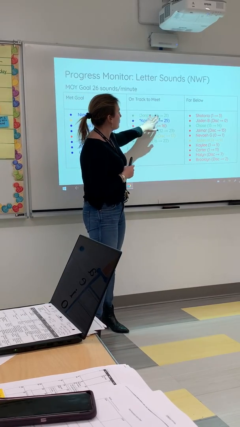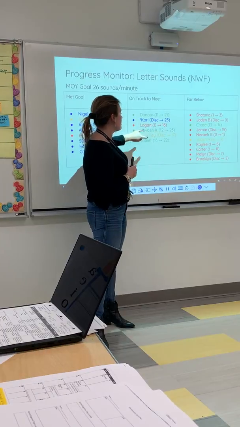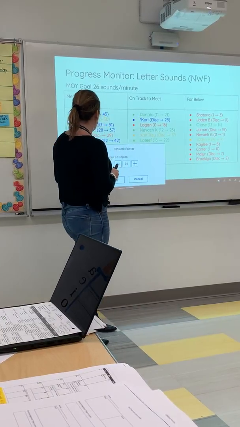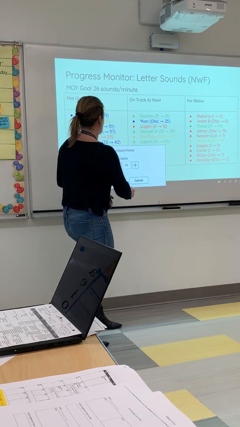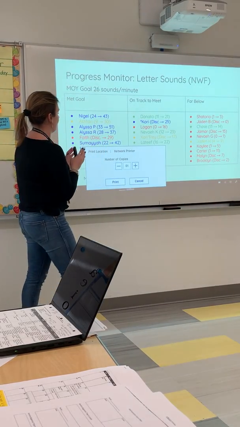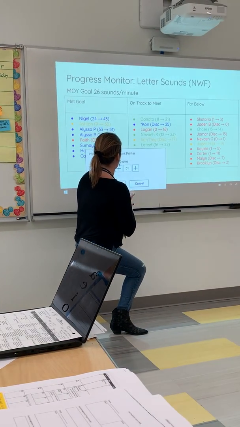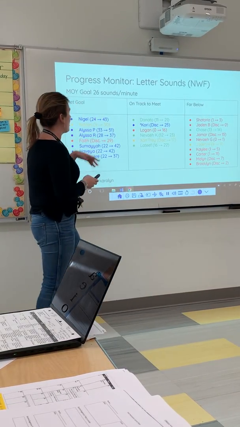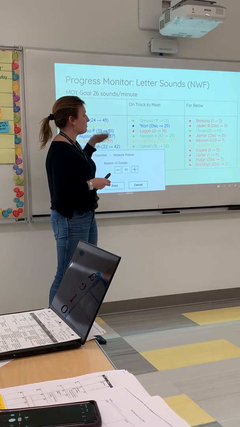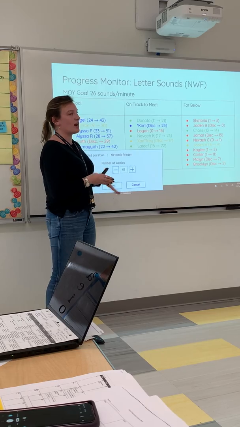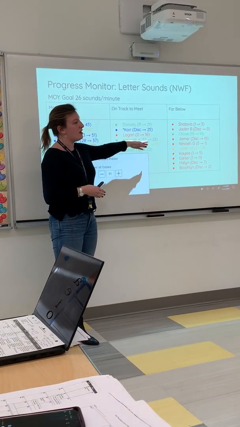These are kids who are really close, 25, 21. I put the 17 and 16 here because these are 2 that, even though they're on the lower end, I think if they're here every day and the more that I push them, they can make the amount of growth from 0 and discontinued to this right now.